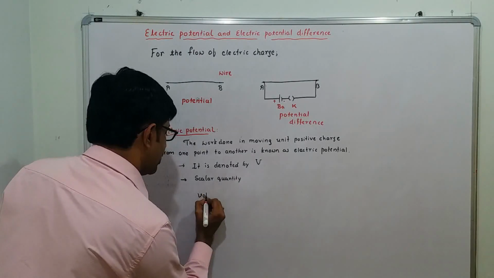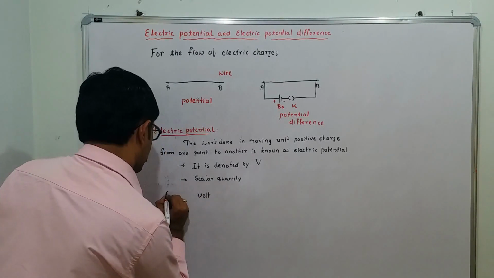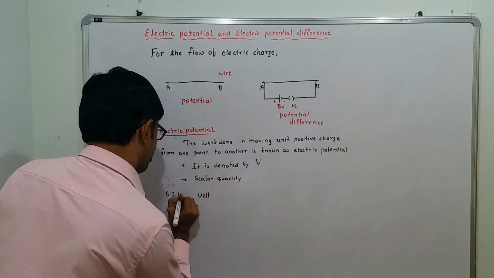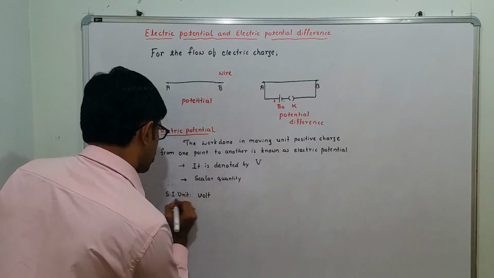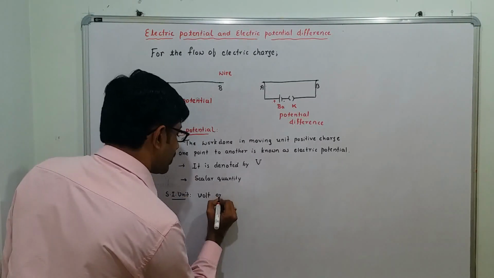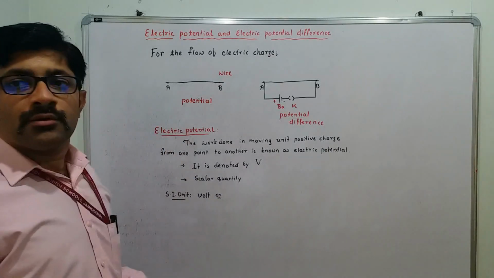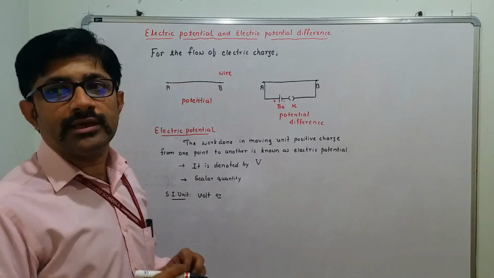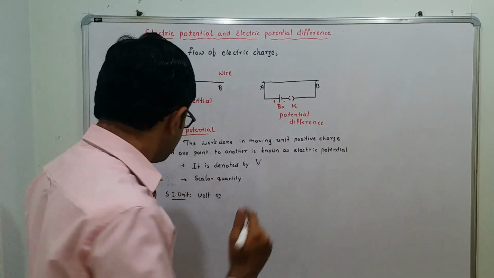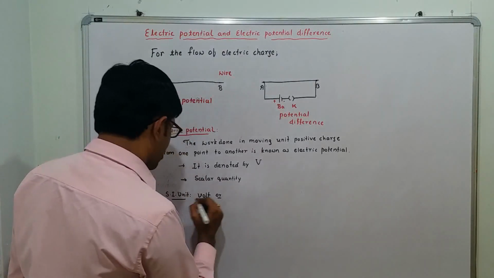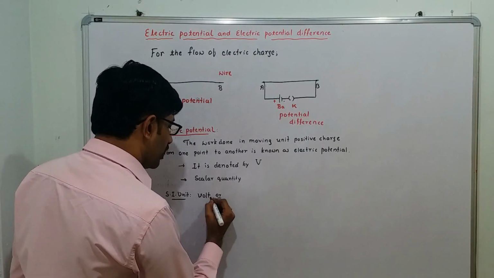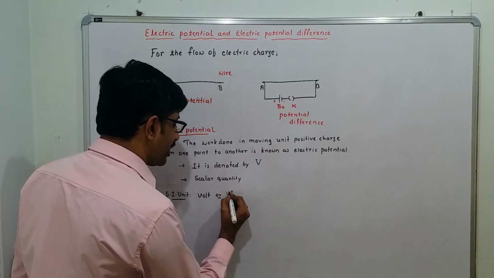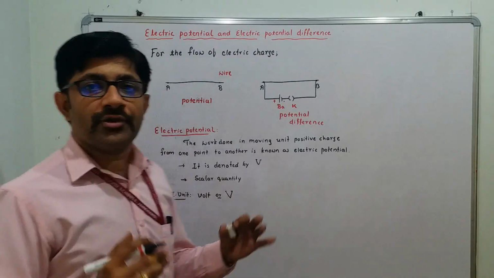The SI unit will be volt. This is named after Alessandro Volta, the Italian physicist. It is either written in small letters, volt, or capital V according to the rules of SI units.